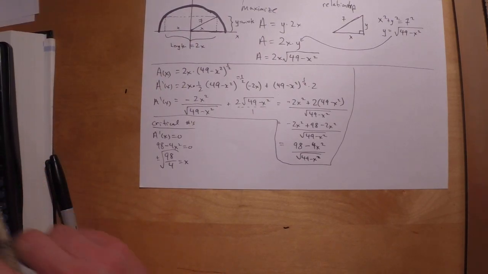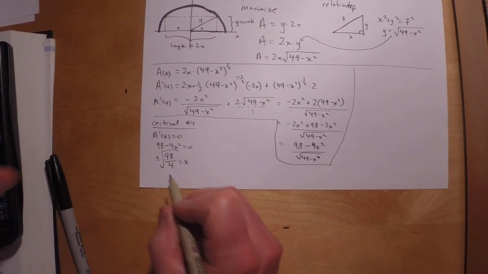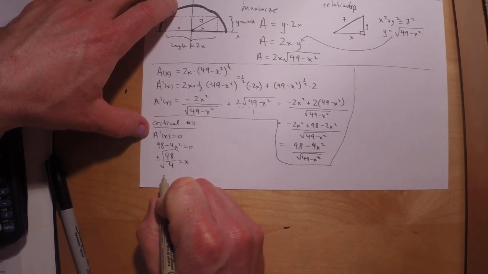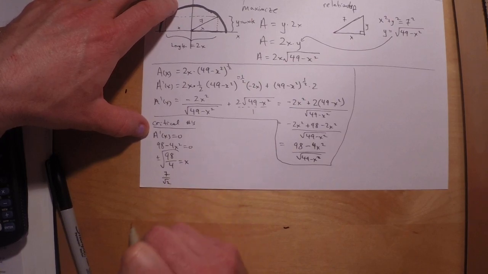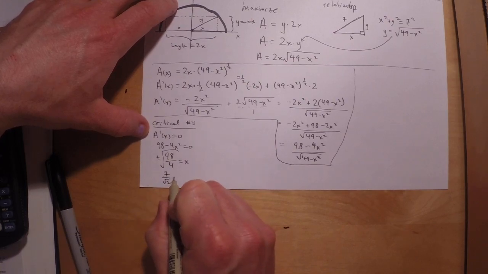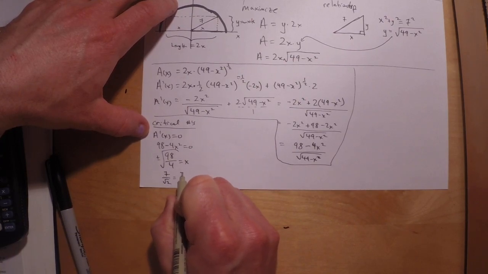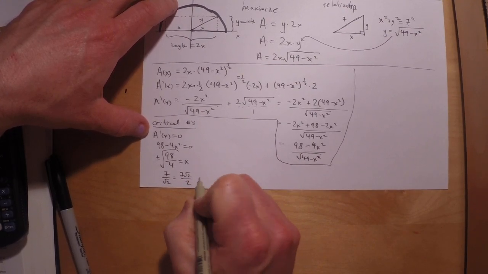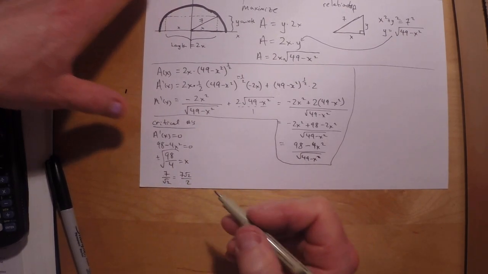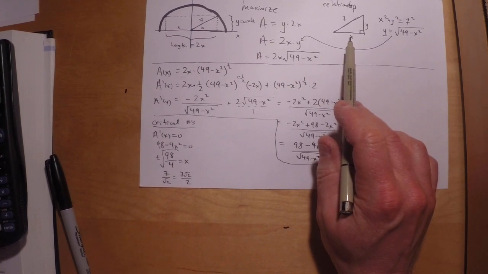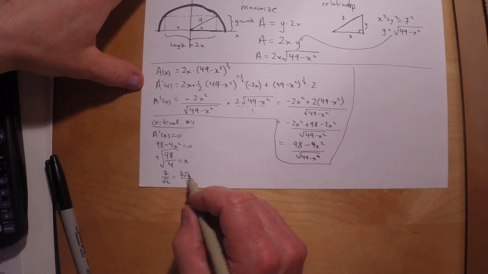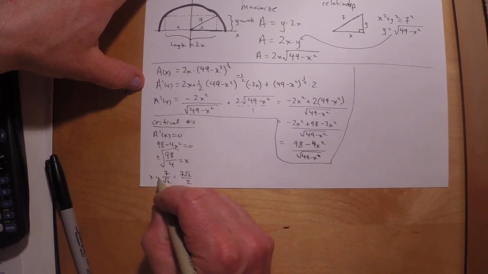I know that'd be 49 over 2, so I could write that as 7 over root 2, or 7 root 2 over 2. And plus or minus, but I'm just dealing with the positive answer at the moment. Okay, so there's my x value.